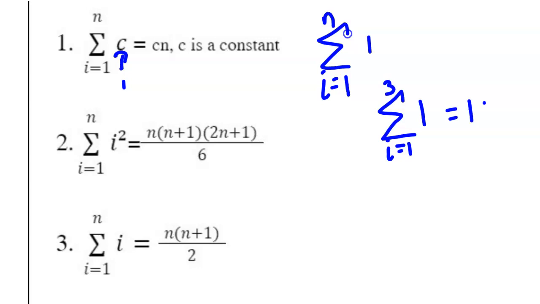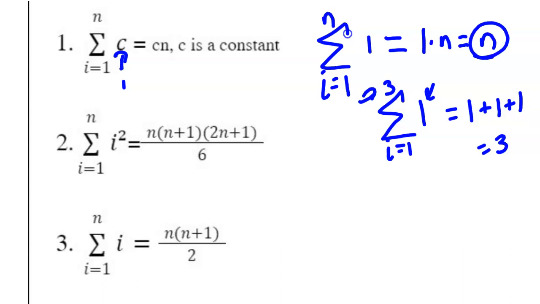Well, that would be 1 plus 1 plus 1, which is 3. And so essentially it's just whatever your number is on top times whatever number this is. So the summation of 1 to n of 1 is 1 times n, or just n. So we can substitute that in place of anywhere there's a summation of 1 from i equals 1 to n.